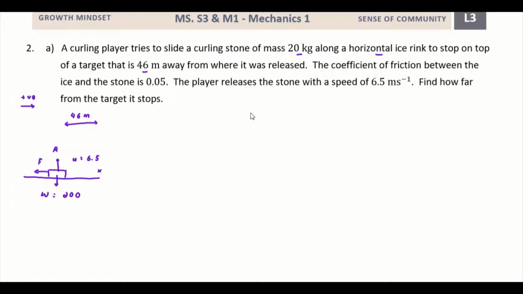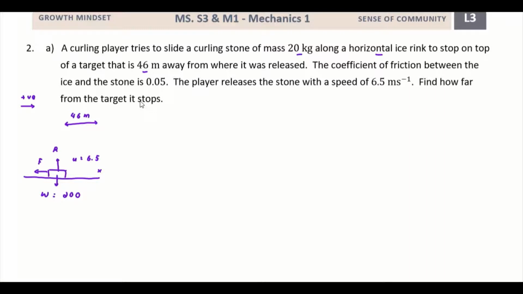If it were a continuous effort, the curling player could continuously apply a certain force until a certain distance where he is confident that the stone is going to stop at the target, and only then release. But from reading this question, you will understand that it's just a hit, then the stone is released. After that, we want to check how far from the target the stone stops. I hope that you can get it.